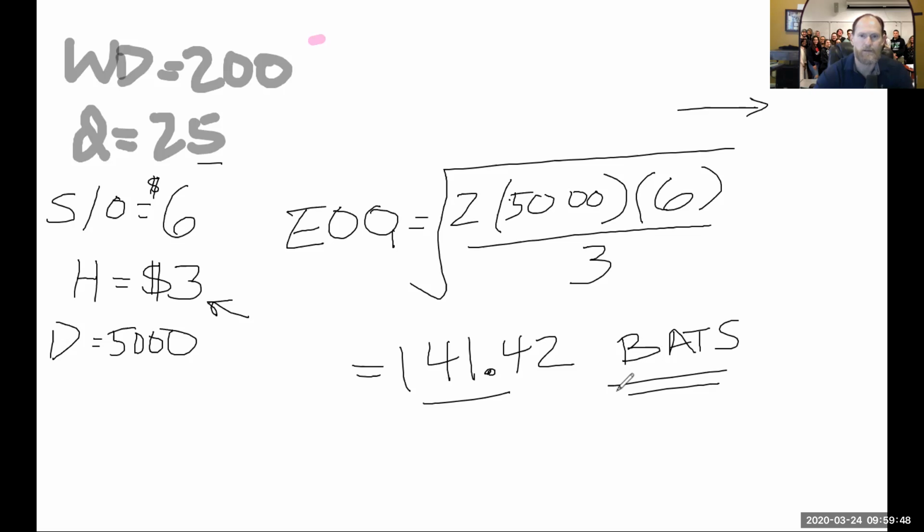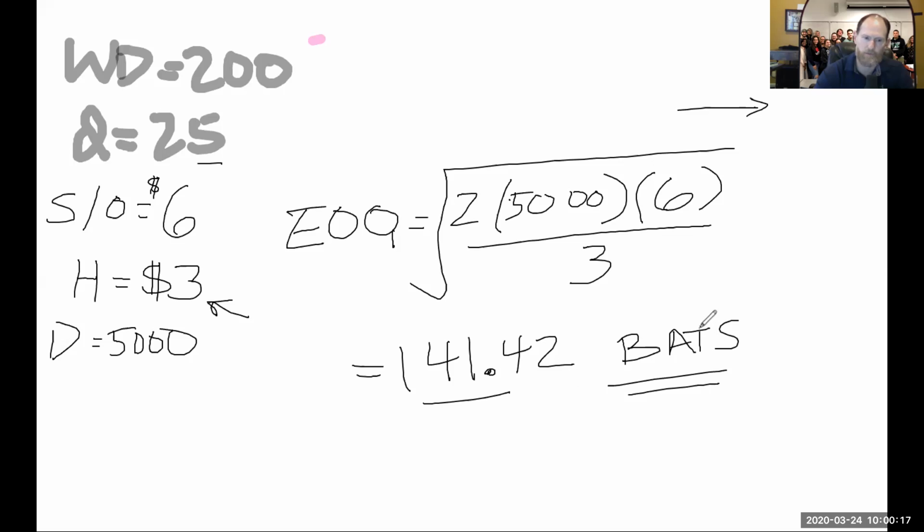That means every time Luke places an order to his supplier, he's going to order 141.42 bats. That's what that question answers. Now, we'll go into a couple sets of things we can look at. One of them, let's look at costs and how much this is going to cost the swingers per year.